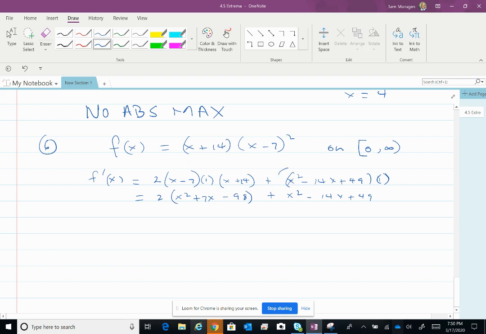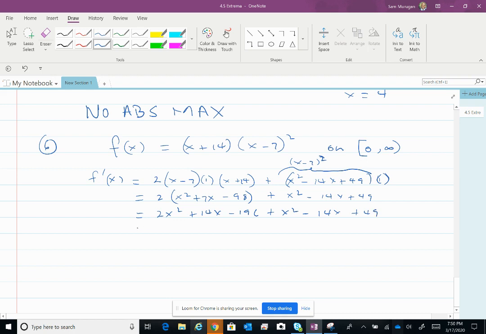Okay, remember this part here is x minus 7 squared. For distributing the 2 here, I have 2x squared plus 14x minus 196 plus x squared minus 14x plus 49.